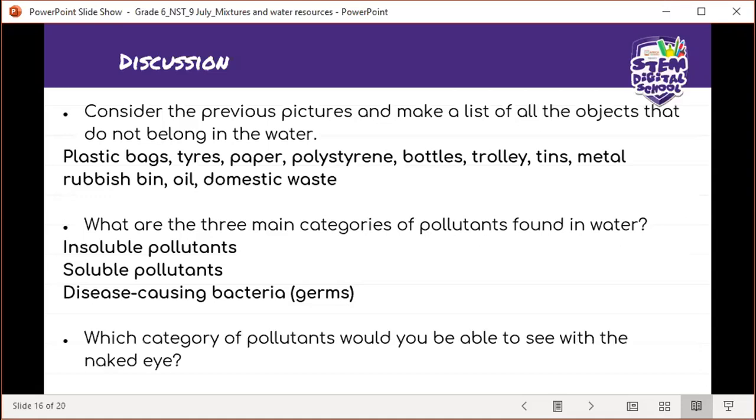And then next question: which category of pollutants would you be able to see with the naked eye? Is it insoluble pollutants, soluble pollutants, or the disease-causing bacteria?